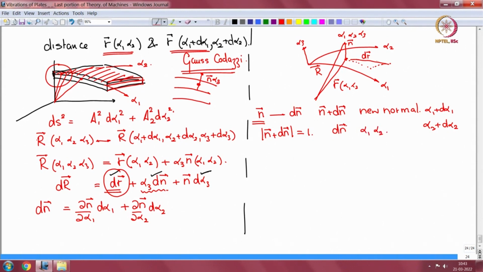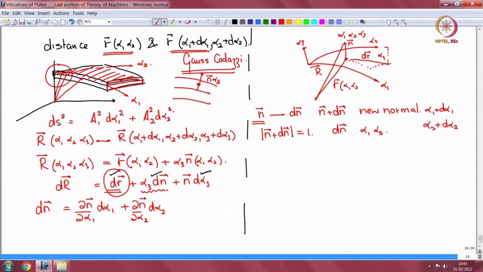So if we move dr distance right here and then we have alpha 3, alpha 2 is here, then I have my original normal direction like this, and let us say this is alpha 3.